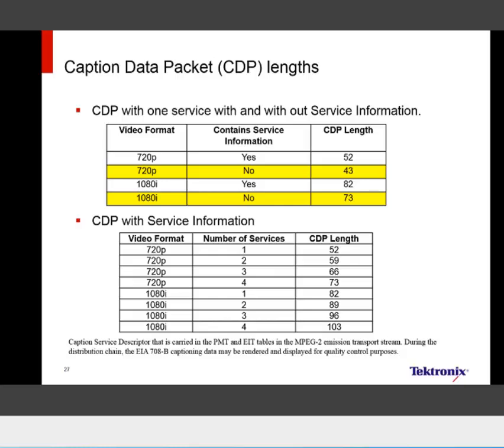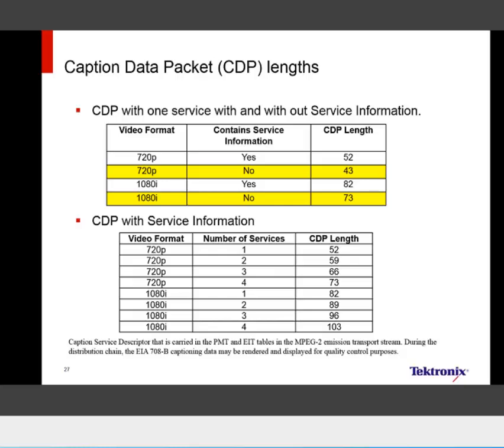Then if you happen to have caption service information carried with that, then you can have different numbers of packets. I've only listed here from 1 service to 4 services. It can go way beyond 4 services. The problem gets into that a lot of post-processing equipment doesn't know how to handle anything past 3 services.